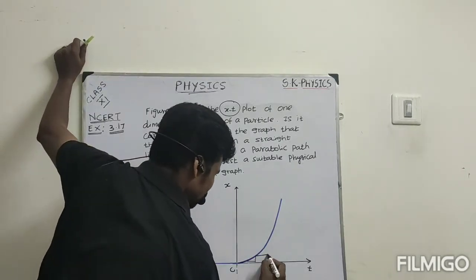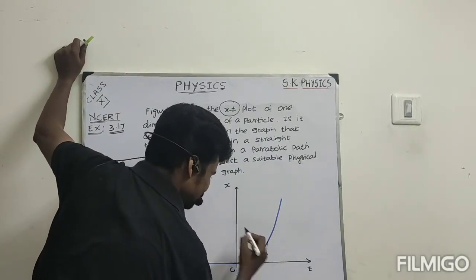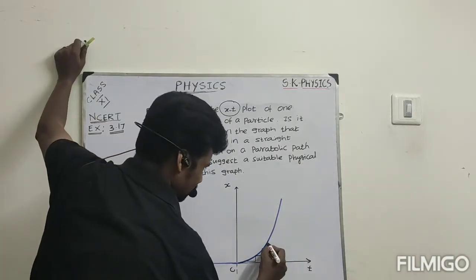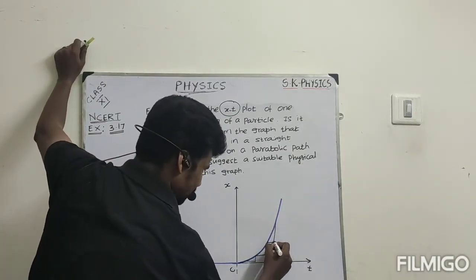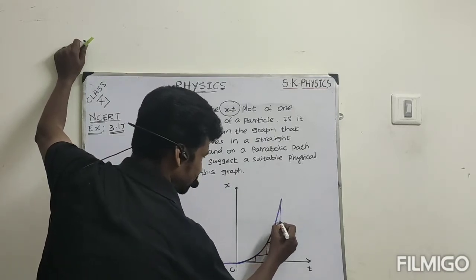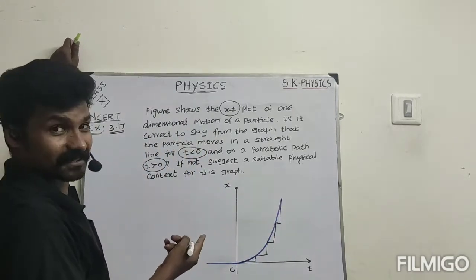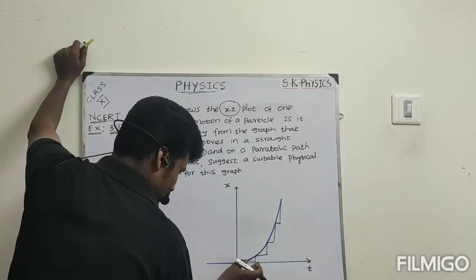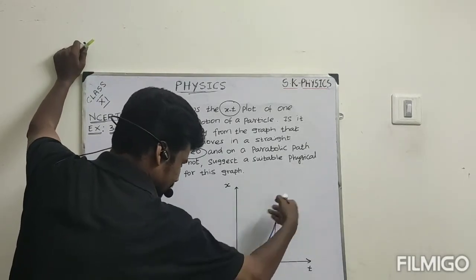If the slope is increasing, the speed is increasing. You understand? So here low speed, then speed increasing, increasing.